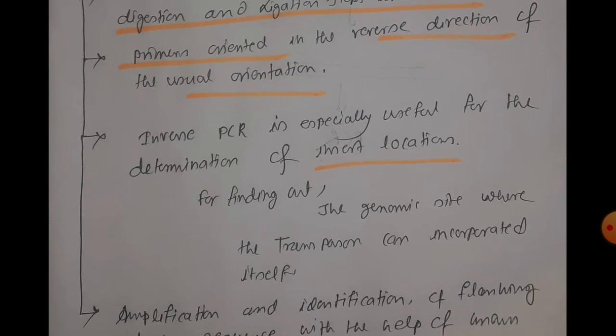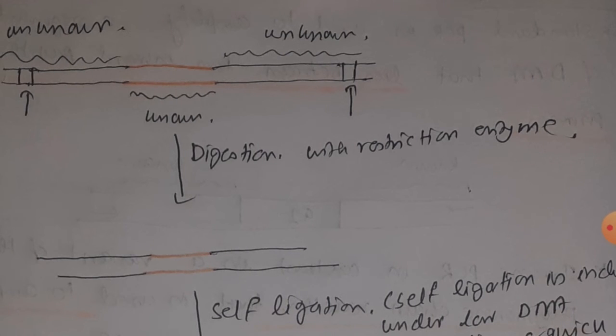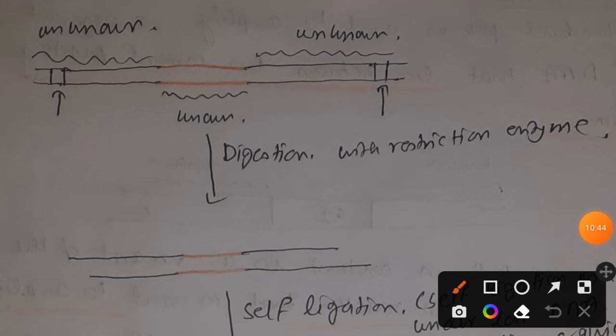In what type of approach will we use inverse PCR? Suppose, I think you know about the jumping genes known as transposons or transposable elements. With the help of inverse PCR we can find out where a transposable element can insert in a particular genome.